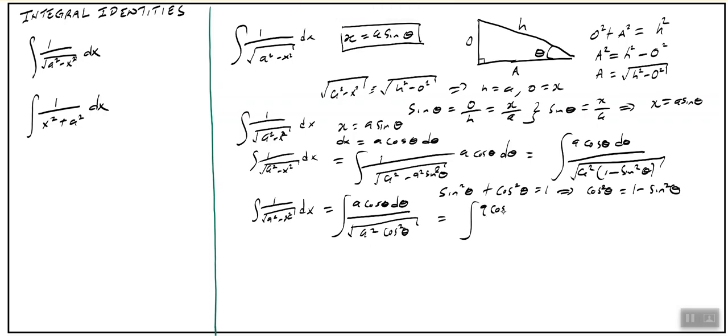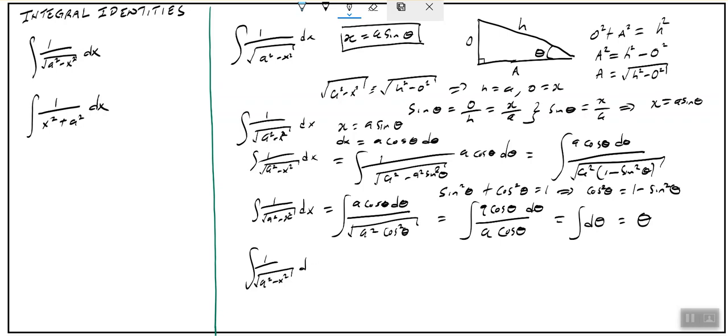So we have a cosine theta d theta divided by, the square root of a squared is a, the square root of cosine squared theta is cosine theta. Everything cancels out. We'll be left with the integral of d theta. So it's like saying 1 d theta, this gives us theta. So the solution is theta. Now the question is, what's theta? We have to go back to our substitution.